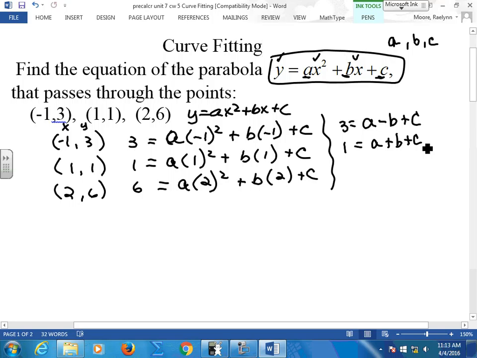You can almost see where this is going, right? 3 equations, 3 variables, systems of equations. So 6, 2 squared is 4, so 4a plus 2b plus c. These are my equations, 1, 2, 3.